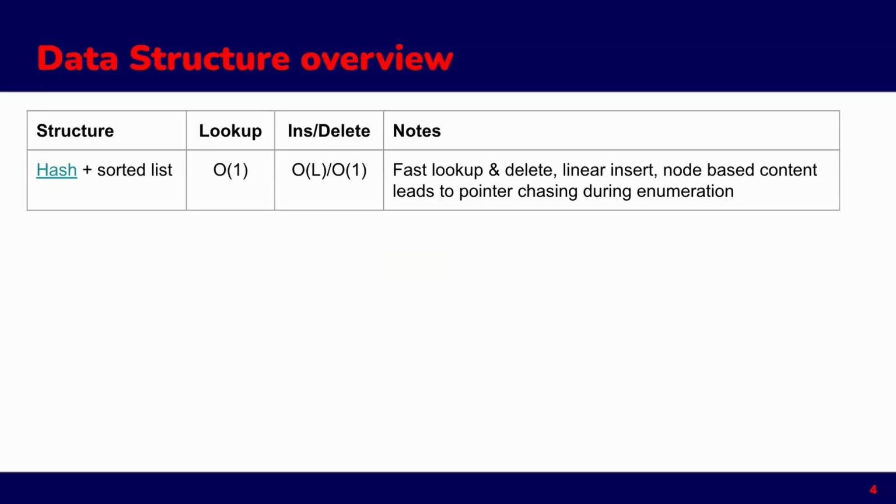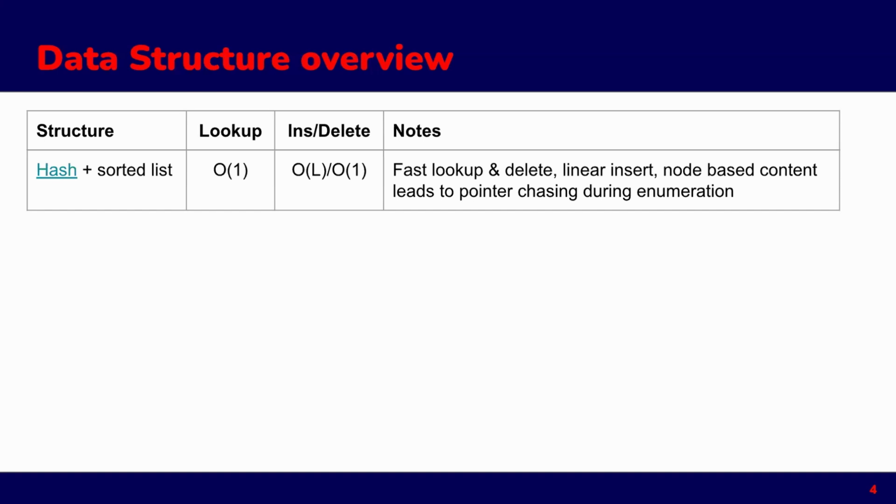The first one, I would say it's a canonical implementation. It's a fast hash lookup. So we want to look up a price level based on the price very fast. So there is a hash table, and then we want to enumerate over the levels from best to worst.